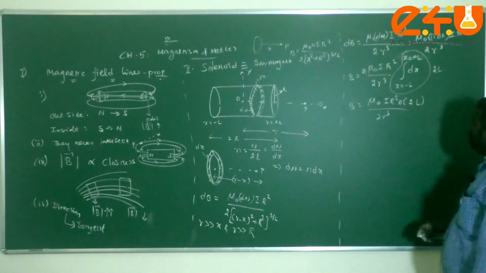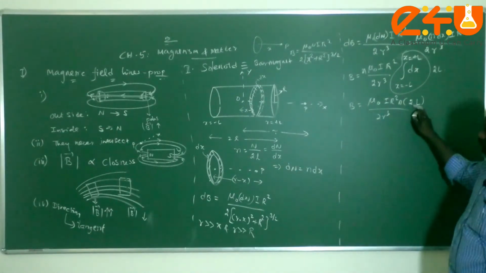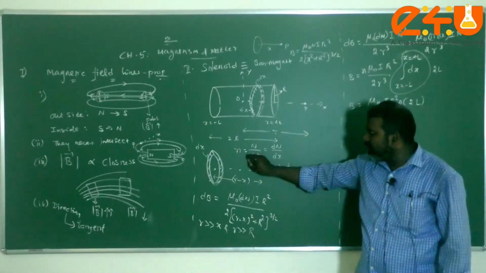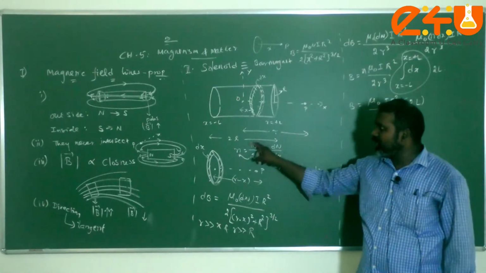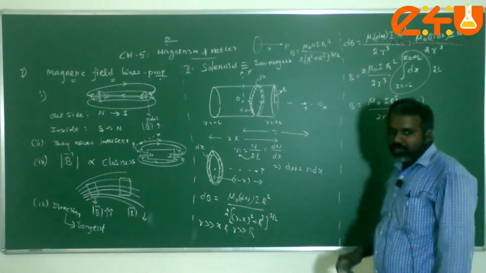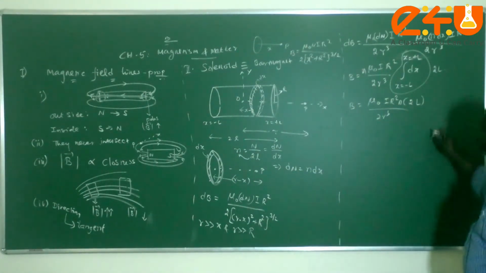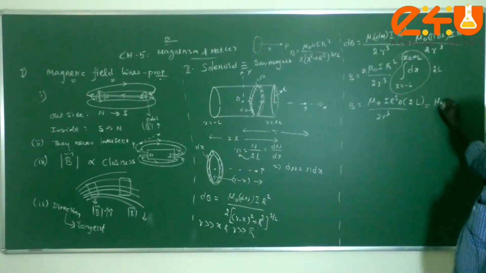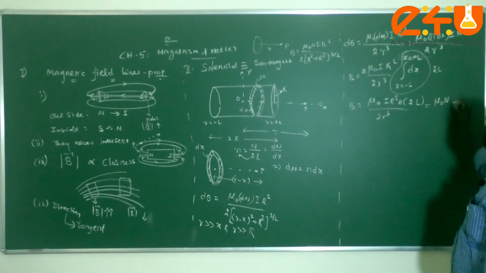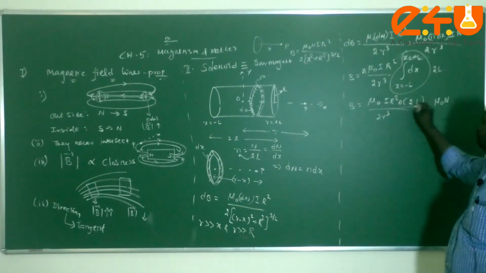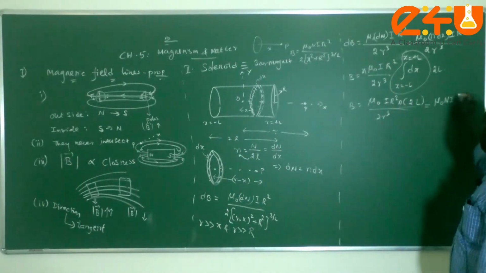Now what I am going to do is, n into 2L is nothing but the total number of turns, capital N. Therefore I can write mu naught capital N, what is that, children? This becomes capital N. Then the remaining is N I into capital R square divided by 2 into small r cube.